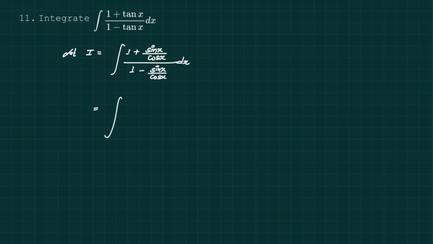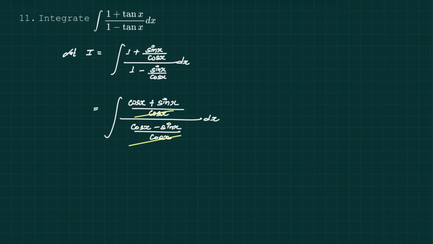Then here it will be cos x plus sin x after taking LCM and adding the fractions, whole divided by cos x minus sin x by cos x dx. So here this cos x and cos x got cancelled. So we will have I as integration of cos x plus sin x divided by cos x minus sin x dx.